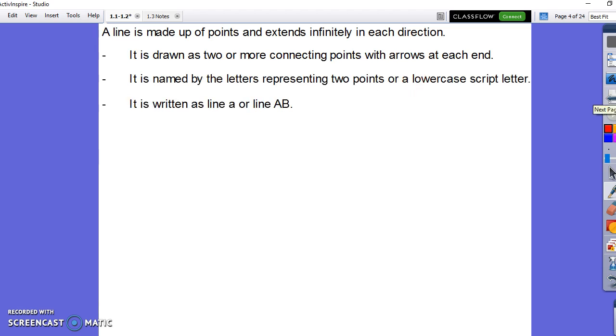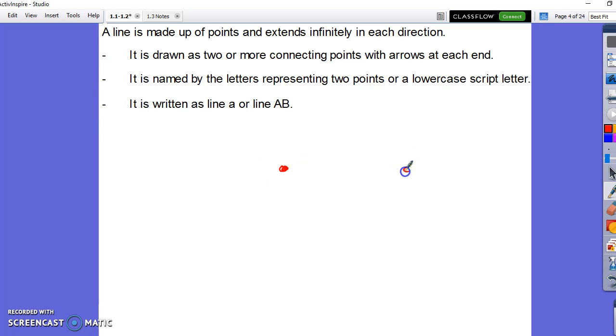A line is made up of points and extends infinitely in each direction. What does it mean to extend infinitely in each direction? Good, right? It goes on forever. And it is named by two letters representing 2 points or a lowercase script letter.